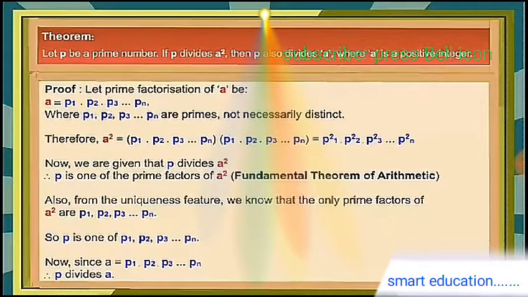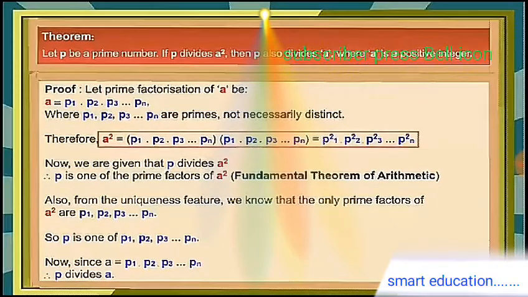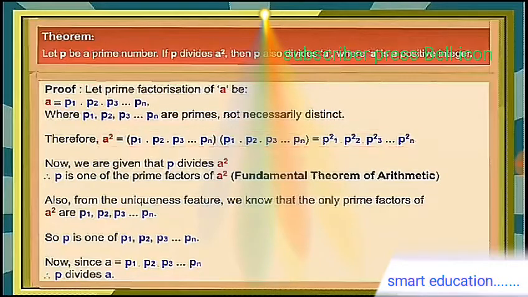Therefore, on squaring both sides, a square is equal to p1 into p2 into p3 till pn into p1 into p2 into p3 till pn, which is equal to p1 square into p2 square into p3 square up to pn square.